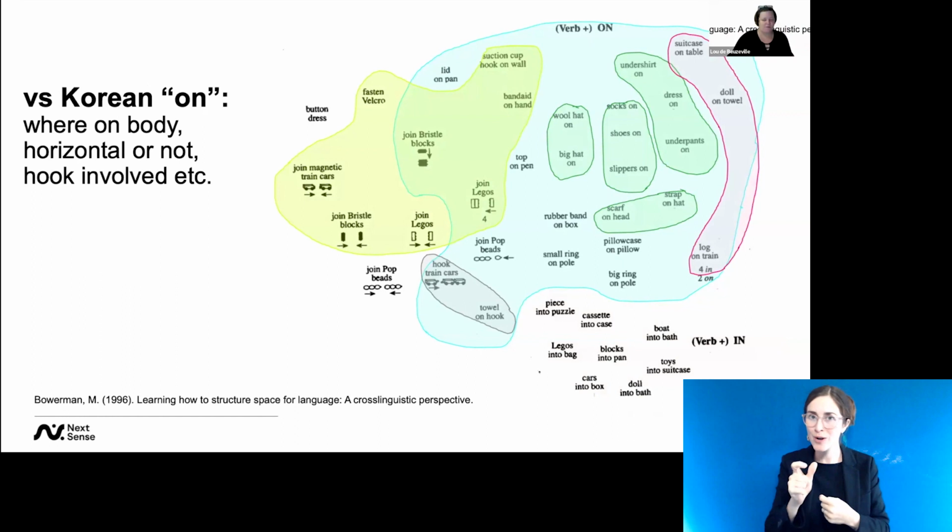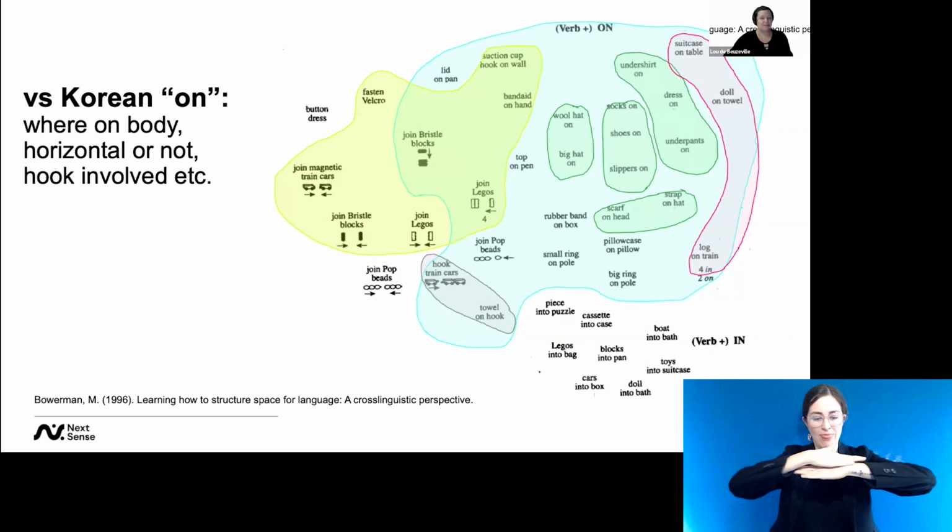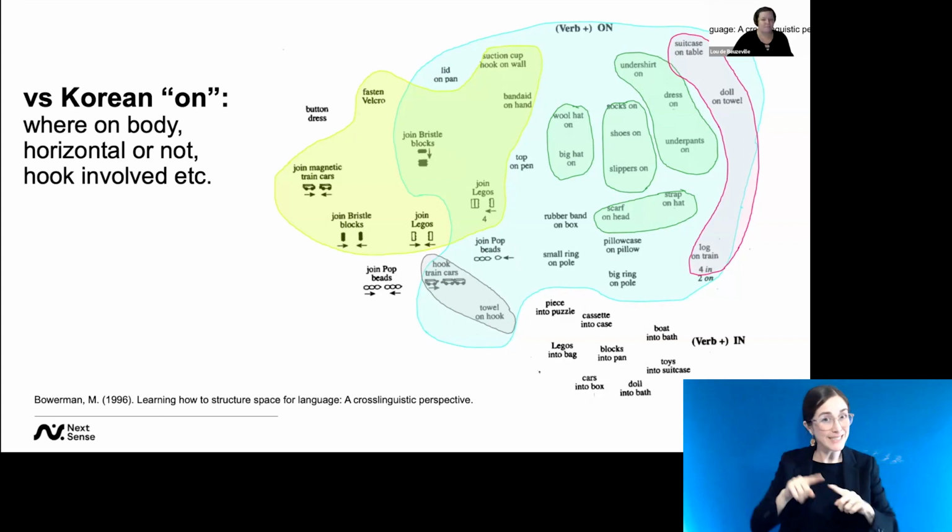I can't remember what the category was, but suitcase on a table, doll on a towel, log on a train, I think it was horizontal, making contact and the surface is horizontal. They have a verb, a preposition or a verb, I'm not sure, for whether there's a hook involved. So for them, there's no such thing as a category on. It depends what type of on.